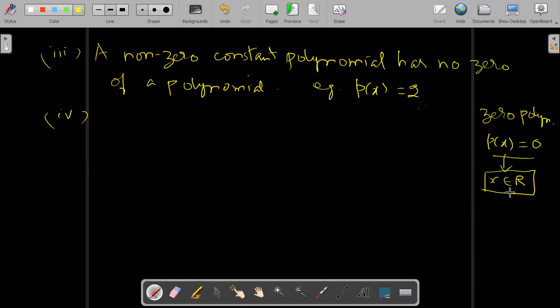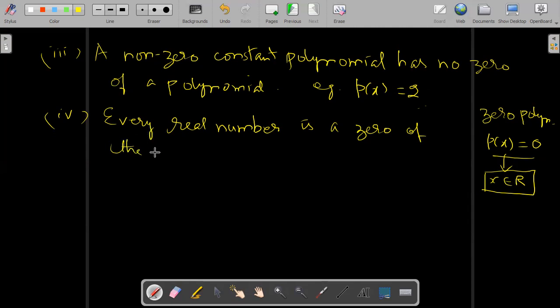In higher classes you will understand this better. So just remember, every real number is a zero of the zero polynomial. These are important points because anything can be asked in MCQs.